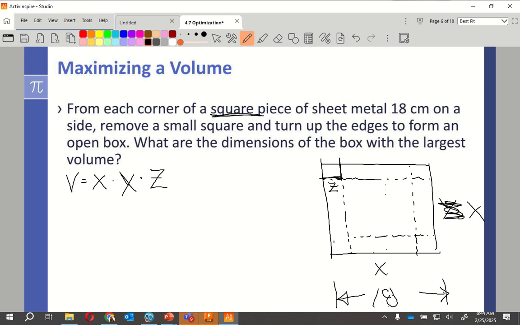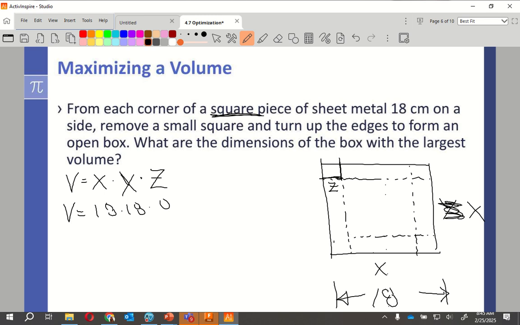Let's look at it: it would be 18 times 18, but what's z? How much are we folding up? That would be 0, because we didn't cut anything away. So the maximum volume is 0. That doesn't work, does it?